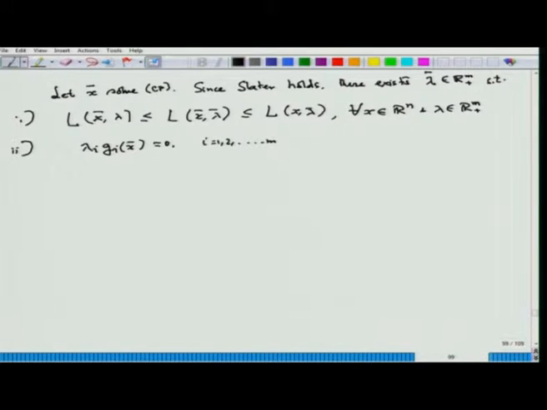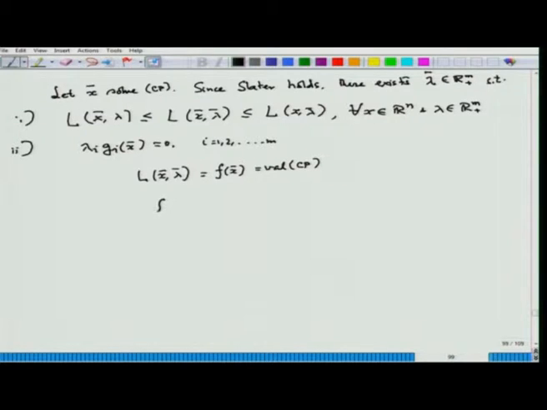Now, what do I have? I know that L of x bar, lambda bar is actually f of x bar, which is nothing but the value of the problem CP.